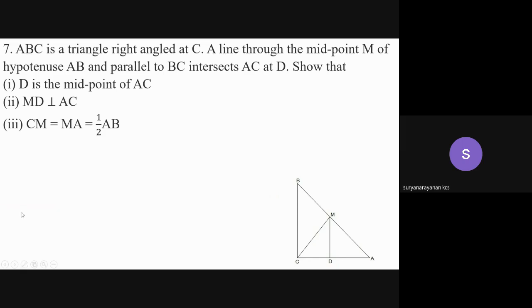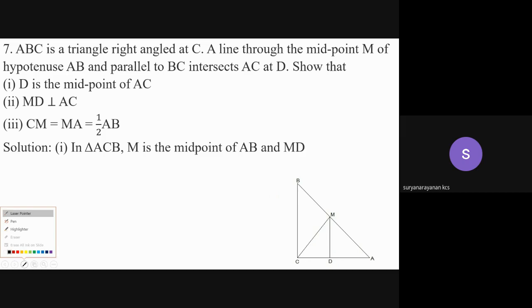Okay, my children. Right. Now come to the solution part. In triangle ACB, M is the midpoint of AB and MD is parallel to BC. It is already given.